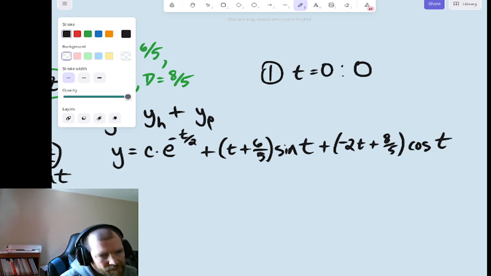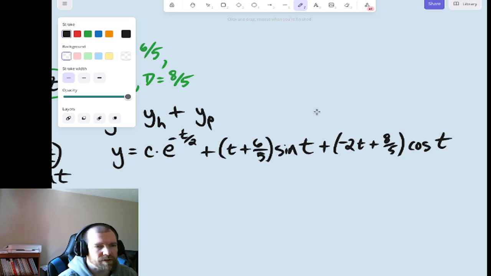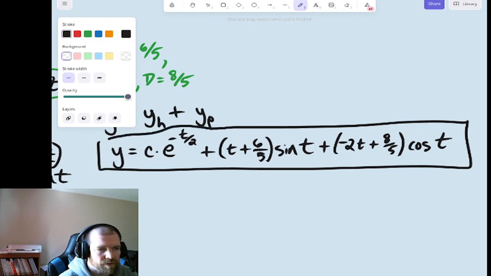Nope, sorry. That was the other person plugging stuff in and saying that at 0 all of our sines are going to get 0, and at pi over 2 all of our cosines are going to get 0. Okay. So without any further information, I think this is going to be it. Right. So I don't actually have initial conditions that I'm aware of. So this is our solution.